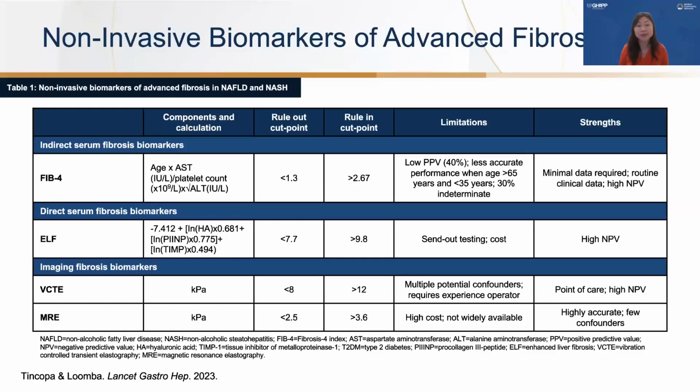If the score is greater than 3.6, this is at-risk advanced fibrosis. MRI elastography is expensive and not widely available. However, it is highly accurate and has few confounders that will affect your results.